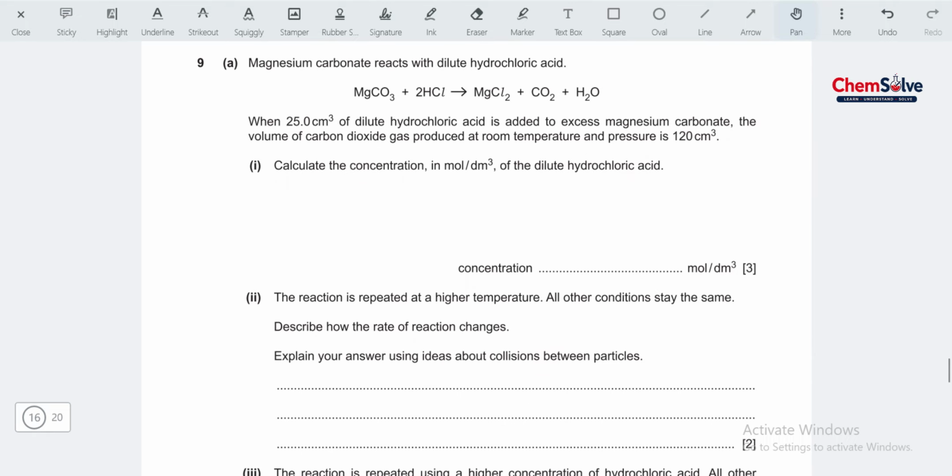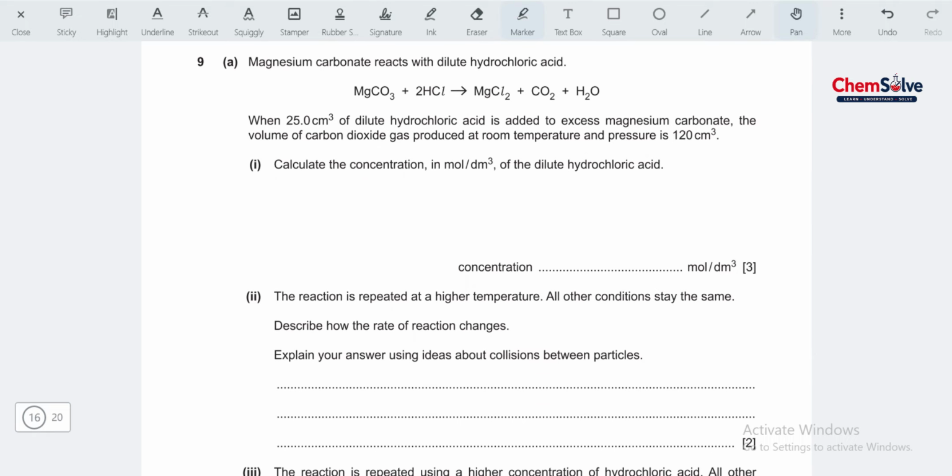Okay, according to the question, magnesium carbonate reacts with dilute hydrochloric acid. So magnesium carbonate is here in the equation, and it reacts with HCl, hydrochloric acid. When 25 cm³ of the dilute hydrochloric acid is added, so we are being provided with the volume of the hydrochloric acid.